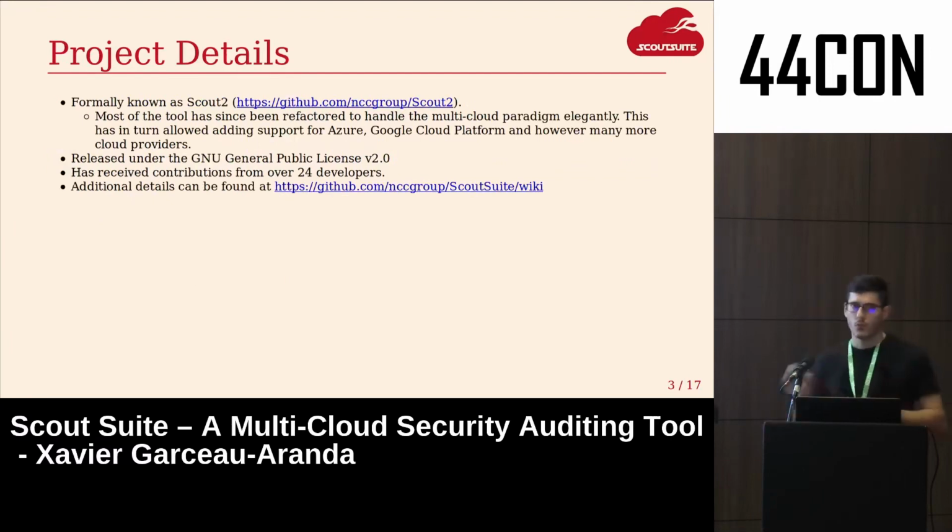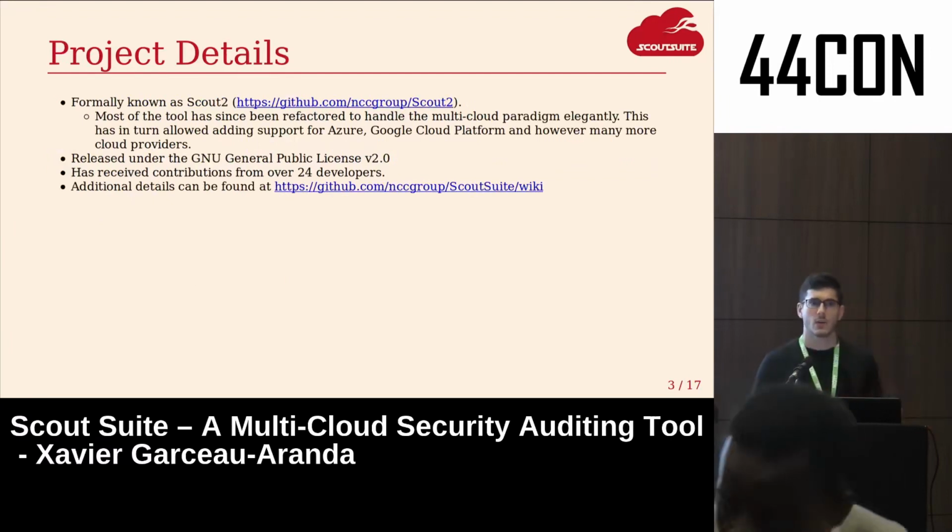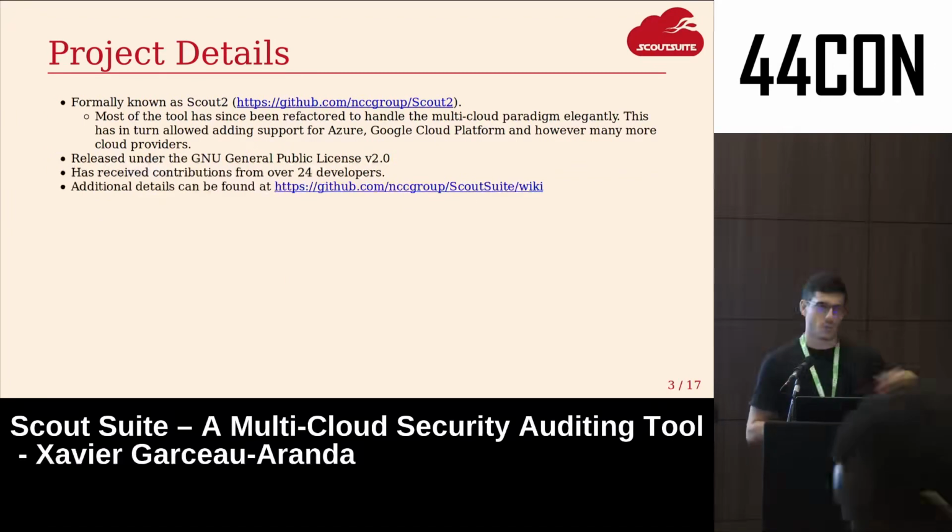The tool, some of you might know of it. It was originally called Scout 2, which was a project that started in 2013, so quite a long time ago, when the cloud was in its infancy in terms of adoption. Scout 2 was specifically for AWS. So when we moved toward multi-cloud, we renamed the tool because a bunch of stuff had changed.